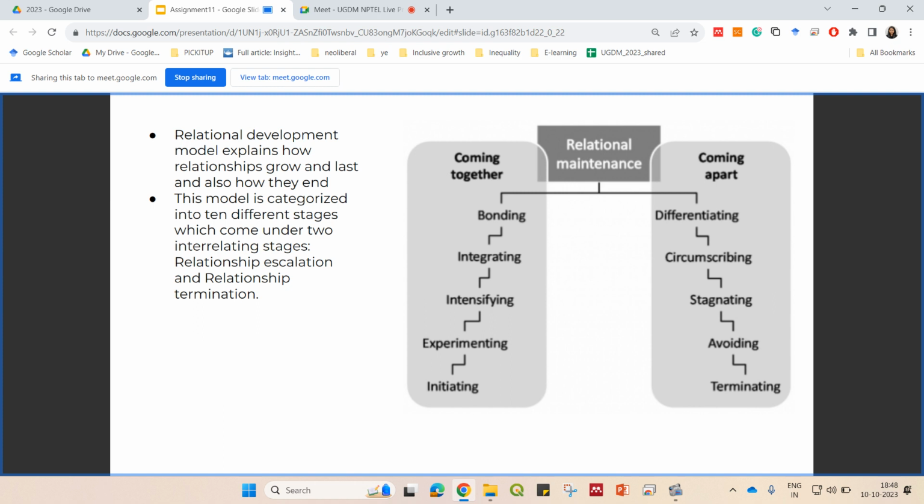So you experiment with various things that you can work together on, or collaborate on, or build your relationship upon. So for that you experiment. After experimenting, you identify the factors which bind you together, or the factors for which you can work together. So you then focus on those factors only, and your relationship then intensifies. So that is the intensifying stage.